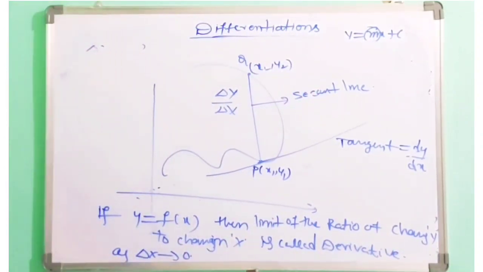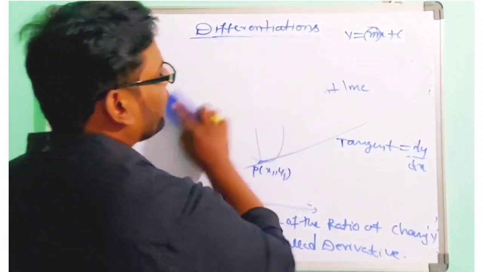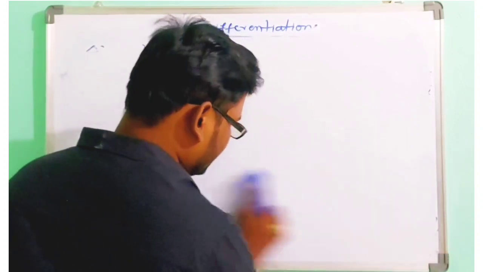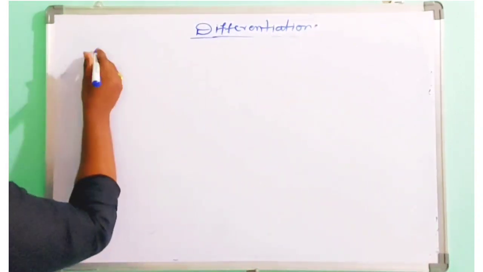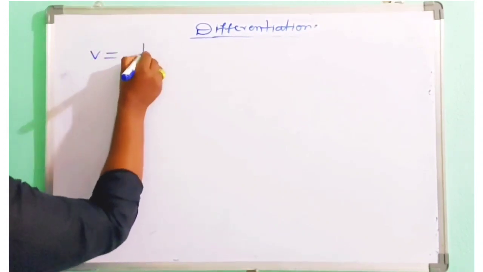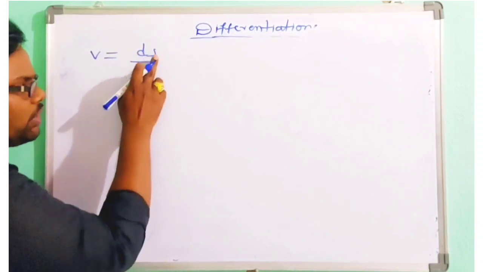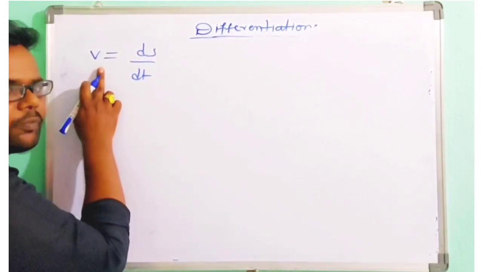Now let me give you some examples. For example, v equals ds by dt, nothing but the derivative of position with respect to time, is called velocity, which gives us an instantaneous value.